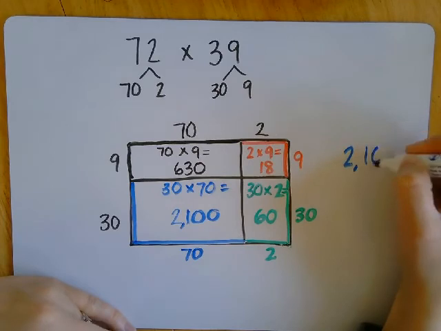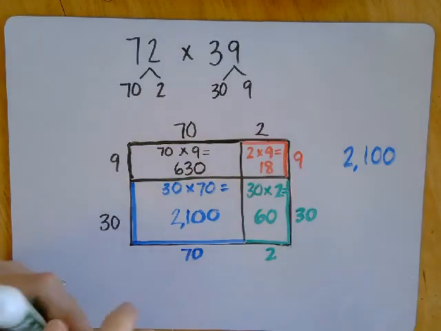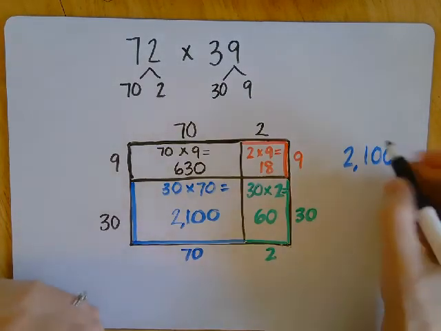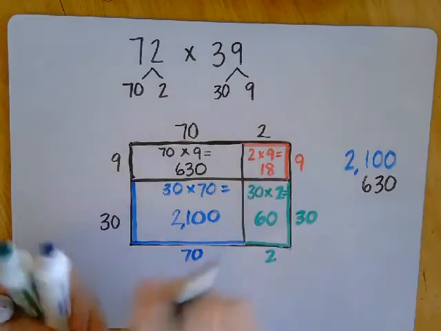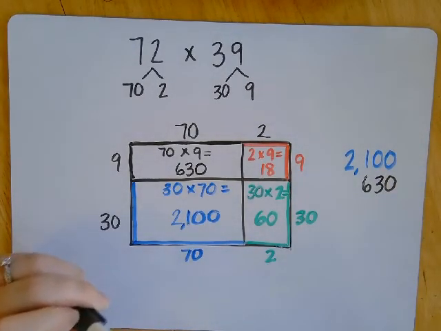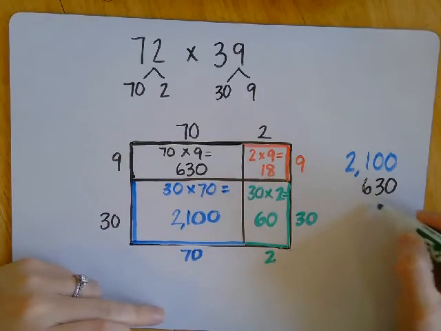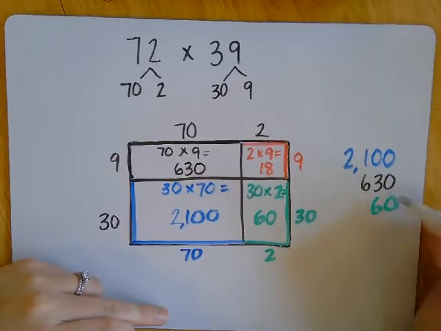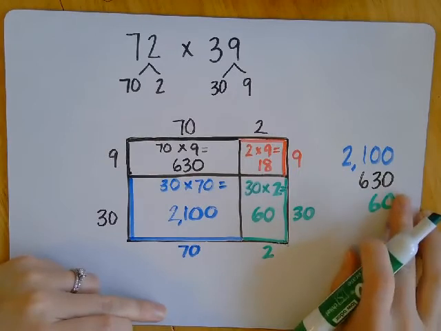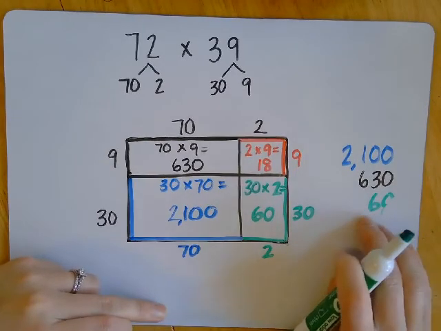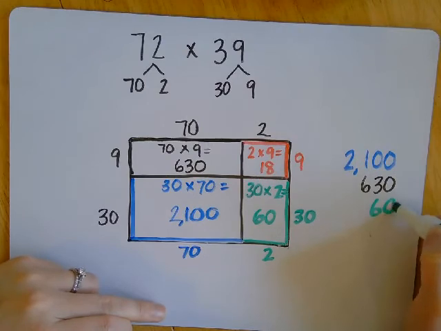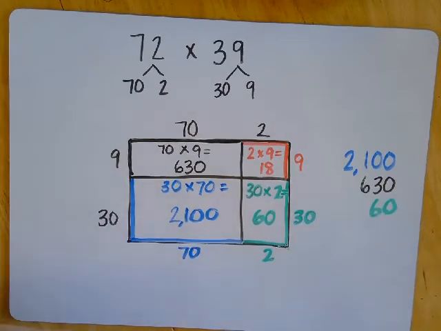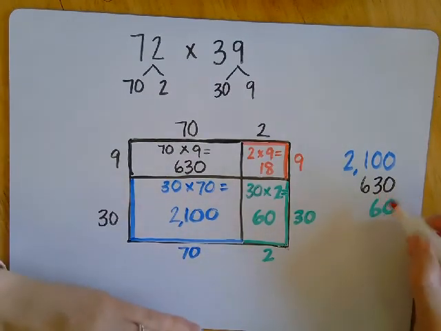Starting with the largest, I have 2,100 plus 630 plus 60 plus 18.